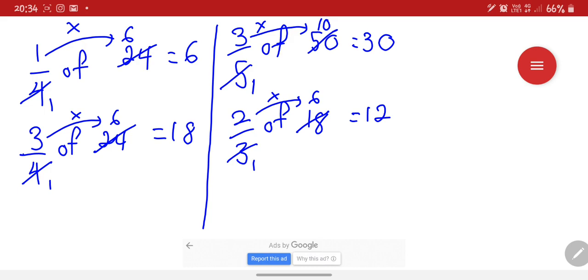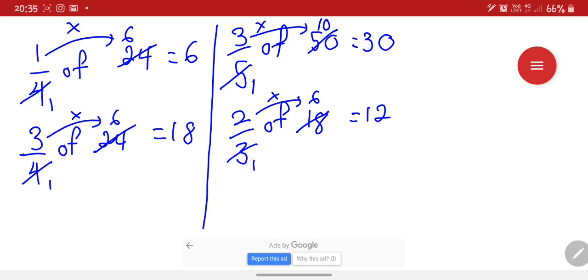Now let's say we move on to a bigger number. All this while it was just small numbers. If you notice, in all the questions that I gave you, the whole number can be divided by the denominator. For this level, we will do that first. The whole number can be divided by the denominator.